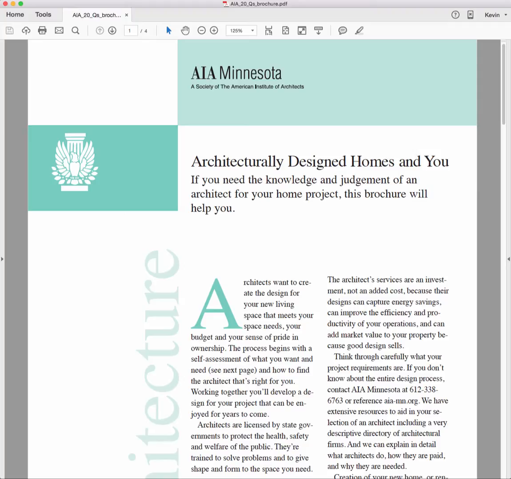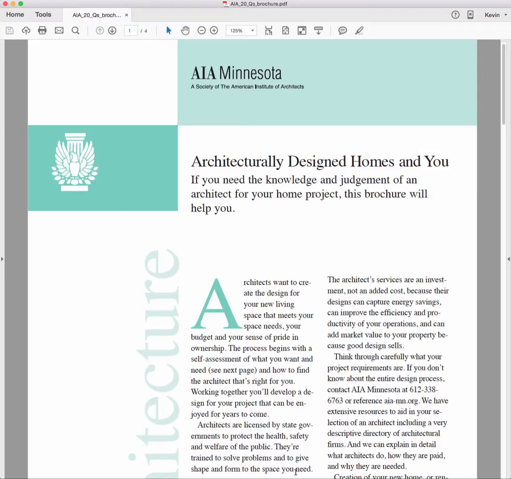This is a brochure that people would give out to prospective customers, prospective clients, educating them on what it's like to work with an architect on an architecturally designed home. I think it explains the role pretty well.